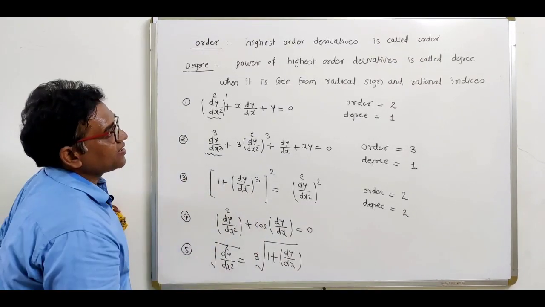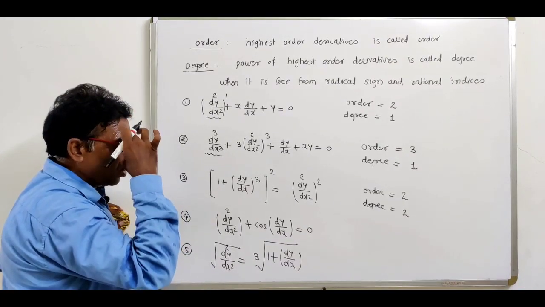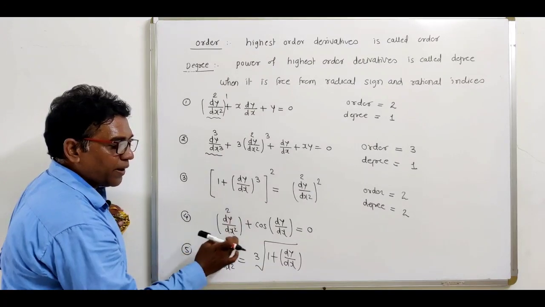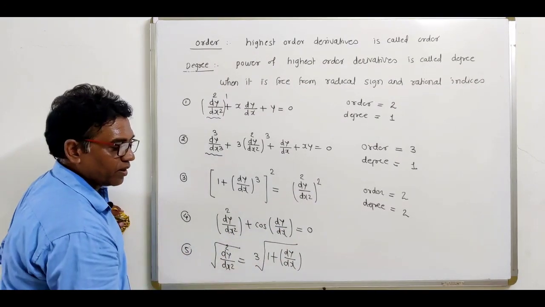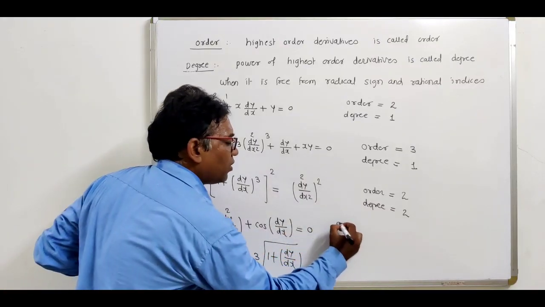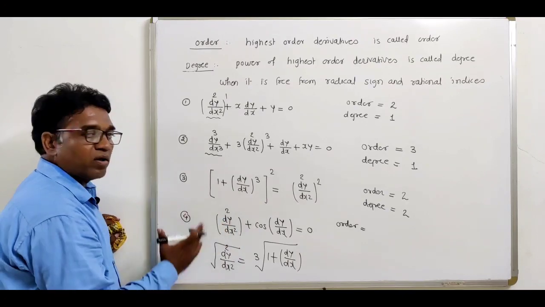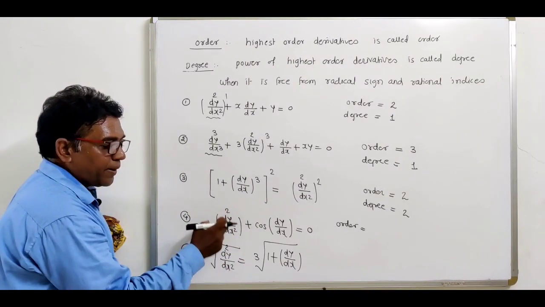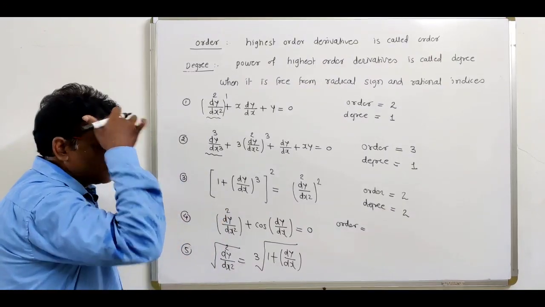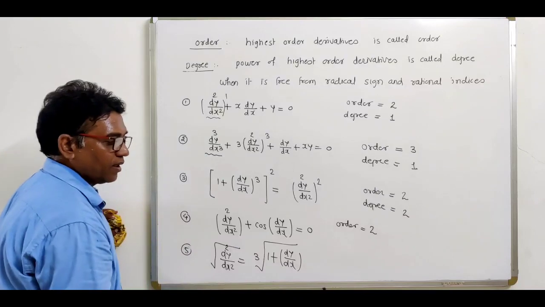Now consider the fourth example. Find out the degree and order of the differential equation d square y by dx square plus cos of dy by dx equal to 0. Obviously, what is the order? Order means find out the highest order derivative. The highest order derivative is d square y by dx square, so the order of this differential equation is 2.